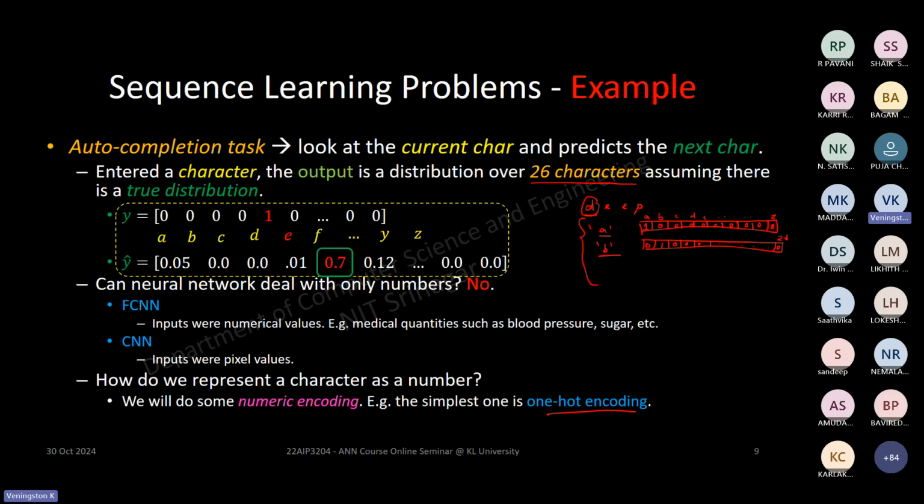But here the task is very simple, and we simply go with this one-hot encoding representation for assigning a numeric representation to each English alphabet.